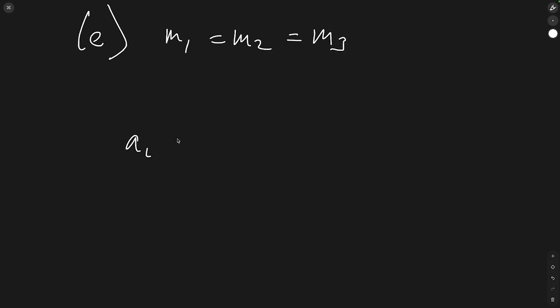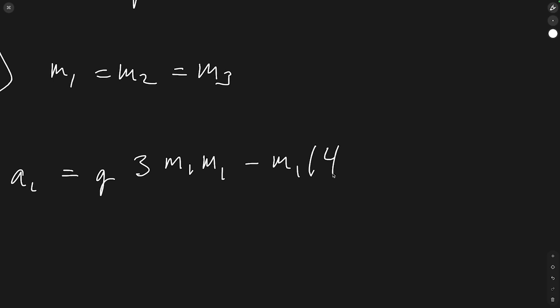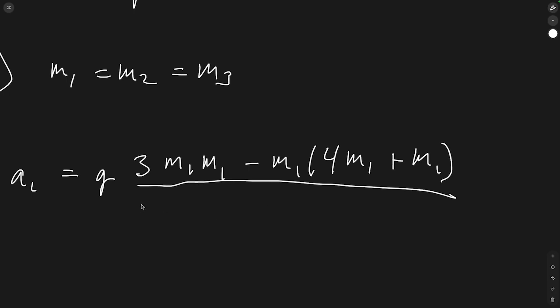So A1, and we'll just write M1 for everything, right? So A1 is G times (M1 minus M1 times 4M1 plus M1) over (M1 times M1 plus M1 times 4M1 plus M1), okay?